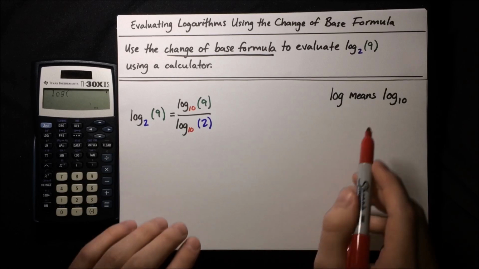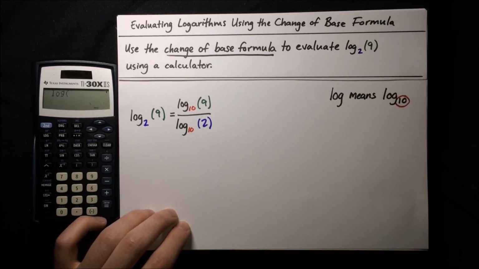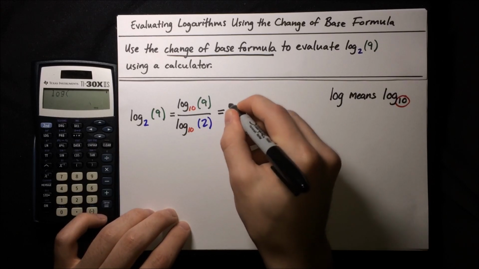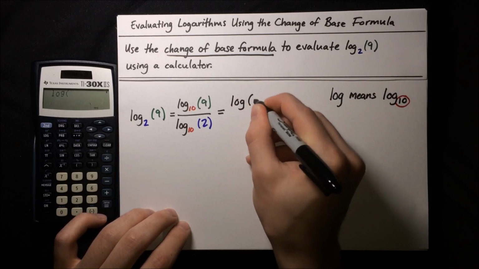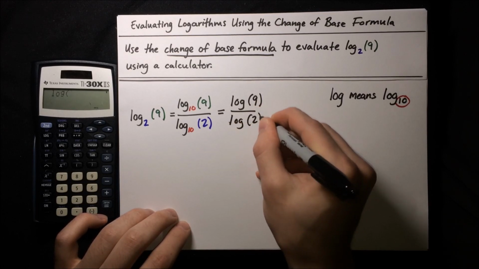And now, since log base 10 on our calculator is just represented by the log button, we can type this into the calculator as just log of 9 over log of 2.